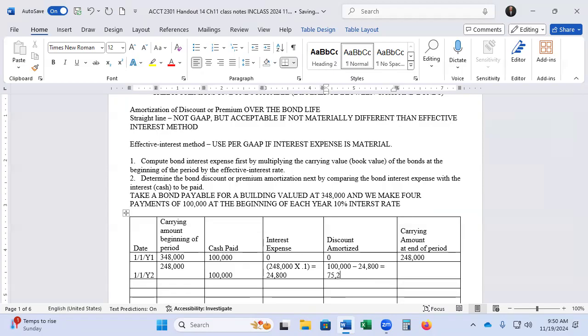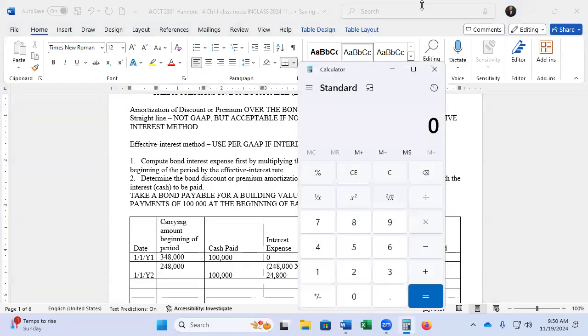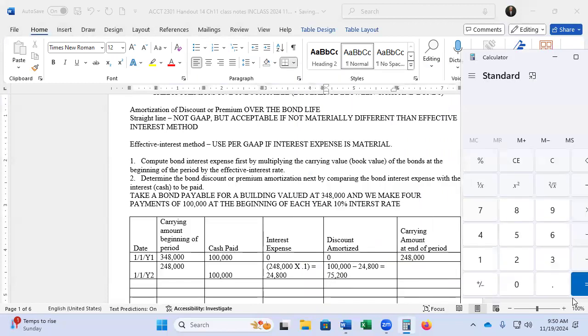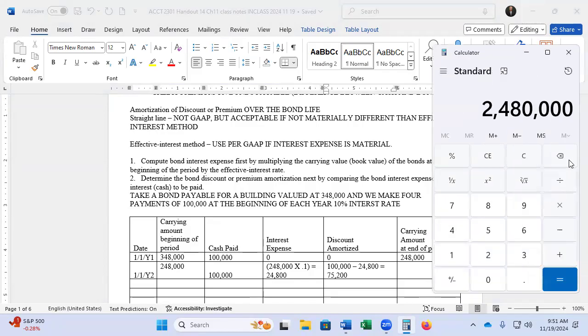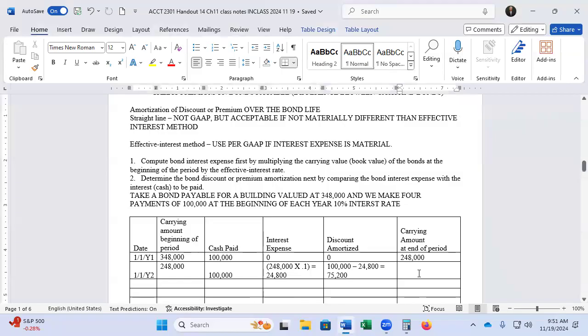And so that should be 75,200. Okay, 75,200, good. So then now we're going to subtract that from the 248,000, and that's going to equal 172,800.